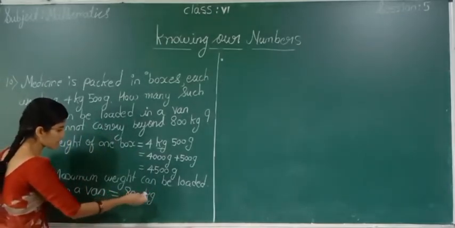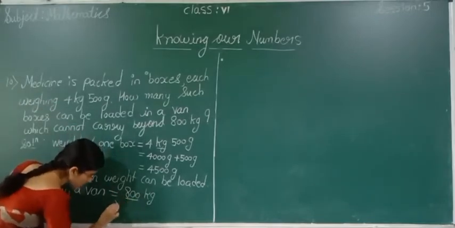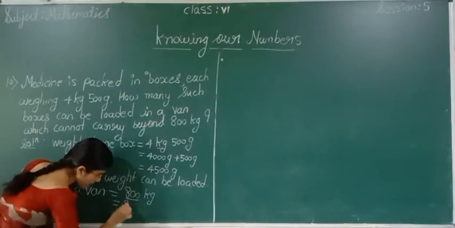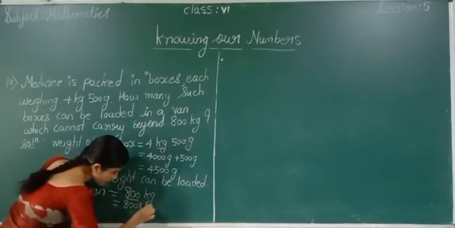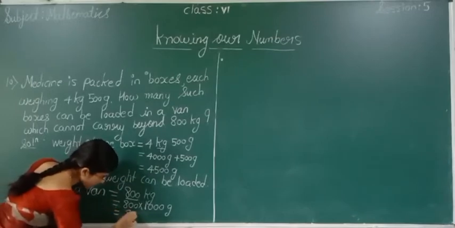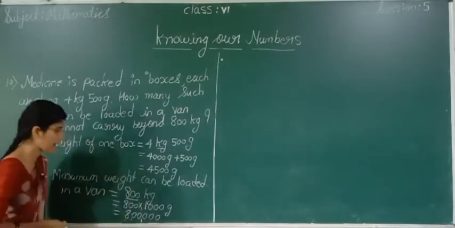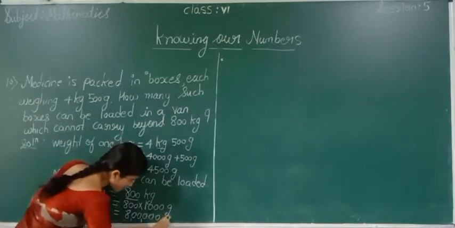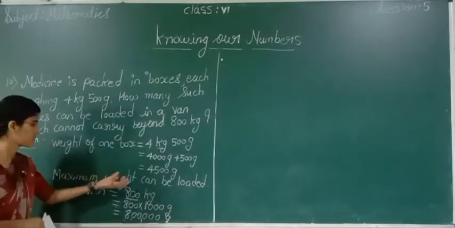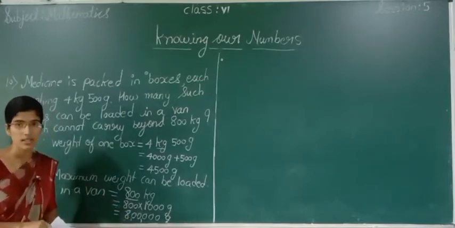So 1 kg is 1000 gram. 800 kg is nothing but 800 into 1000 gram, which will become 8 lakh gram. The maximum weight that can be loaded in a van is 8 lakh gram.